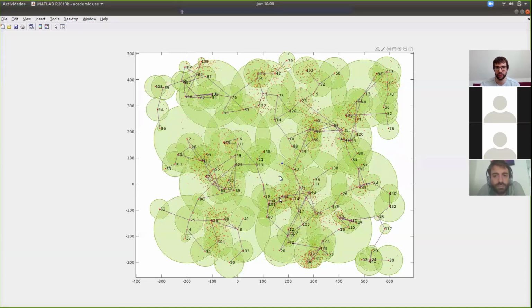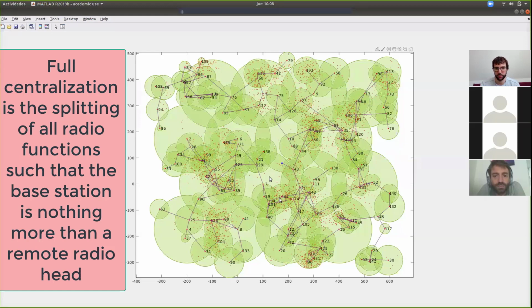If I want to centralize everything, the capacity will be crazily high, like 600 gigabits per second per base station. So if I assume that I have an optical link of 1 terabit per second, basically I can just handle one base station with total centralization. Of course, it can be larger, it can be 10 terabits, why not? But still, it doesn't scale very well.